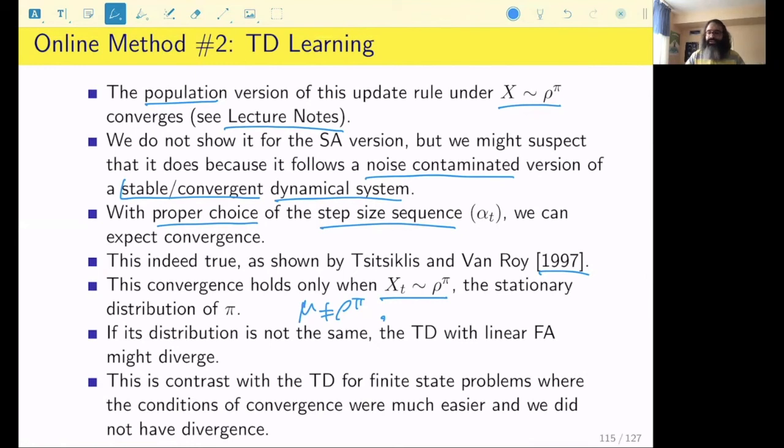This does not mean that running it with another distribution always diverges. Probably in most cases it doesn't, but it might.